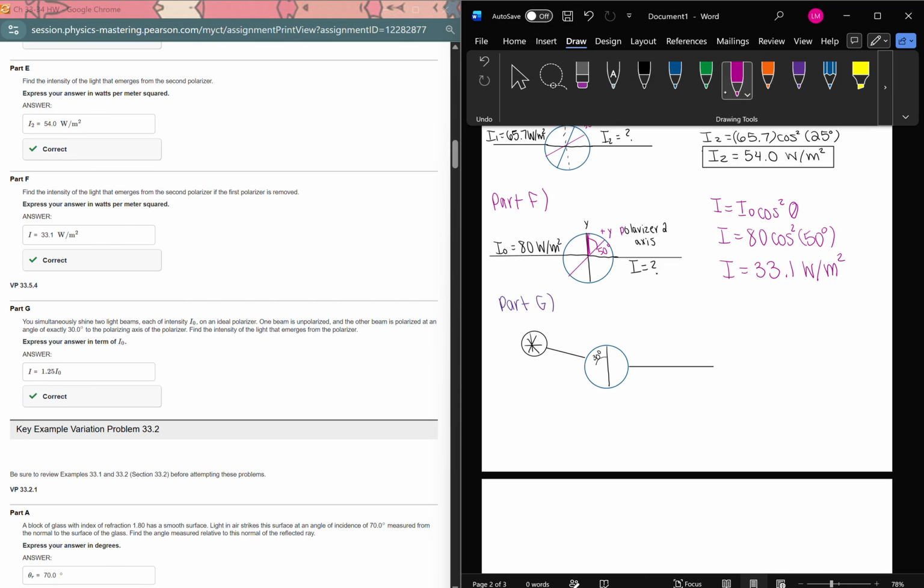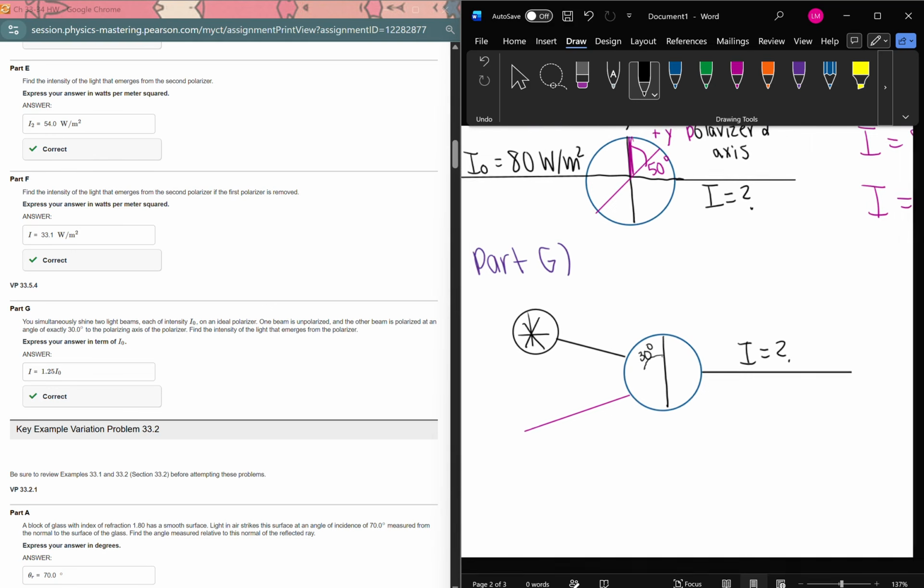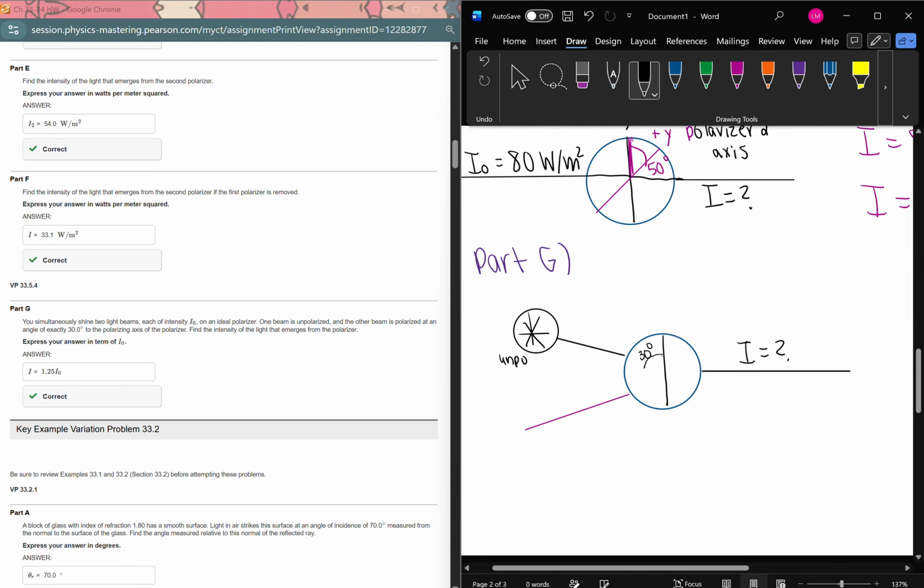This is unpolarized, and this is going to be polarized.